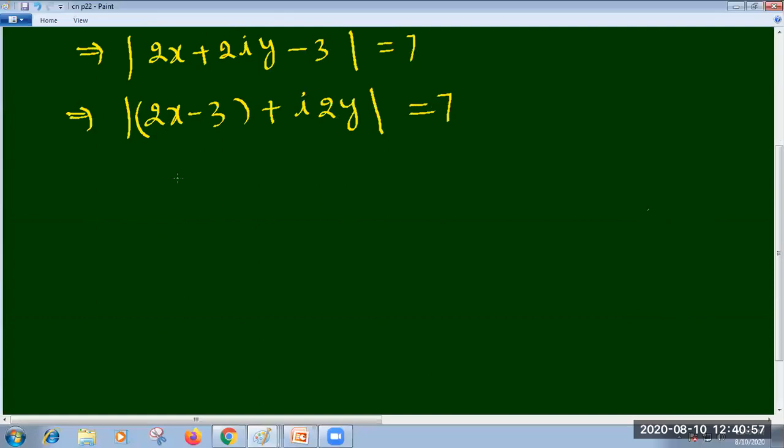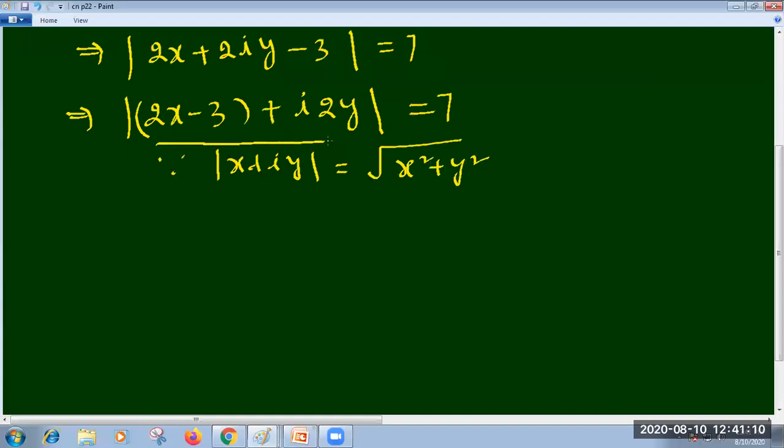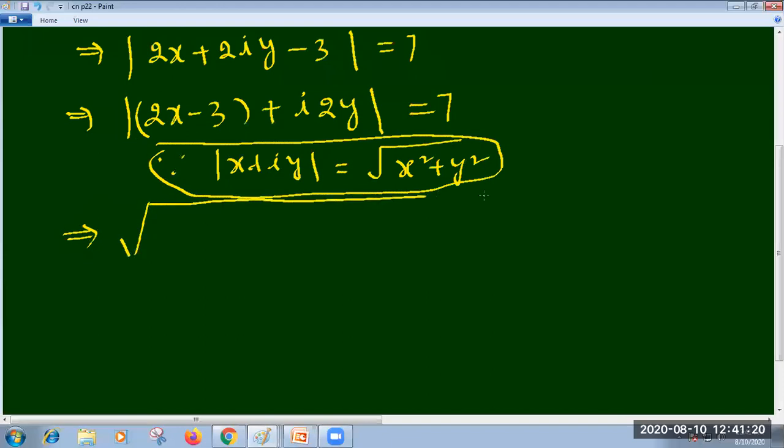Since modulus of x plus iy is equal to under root x square plus y square, we know this. So therefore, the modulus of this one is under root (2x minus 3) whole square plus (2y) whole square is equal to 7.